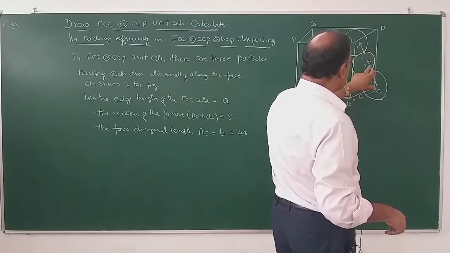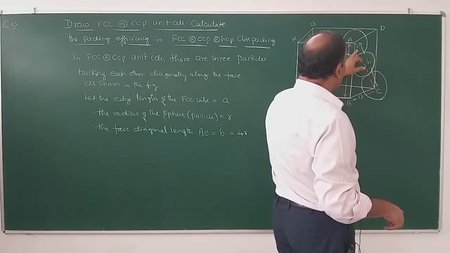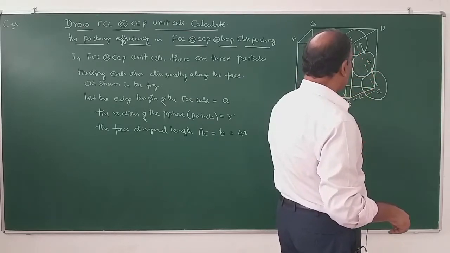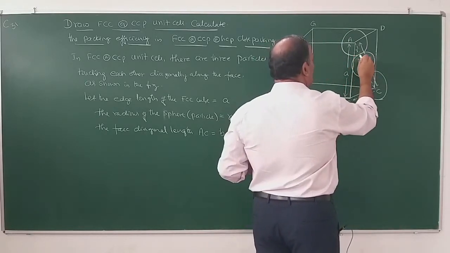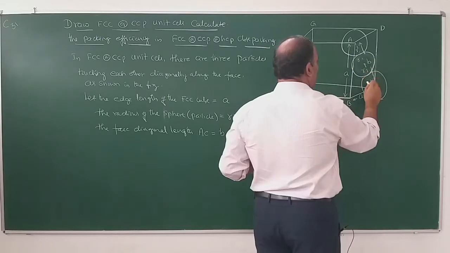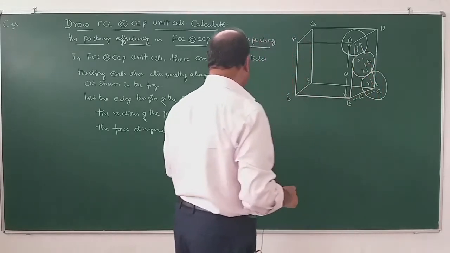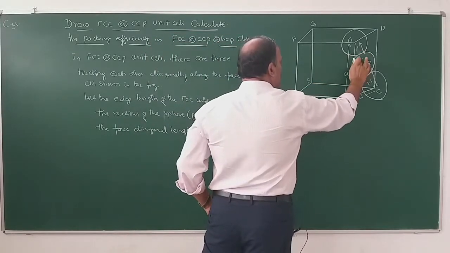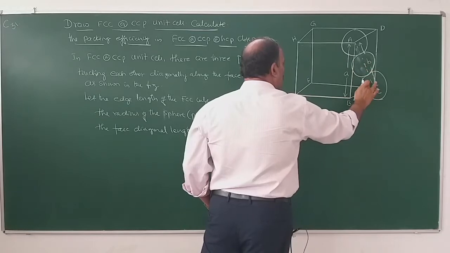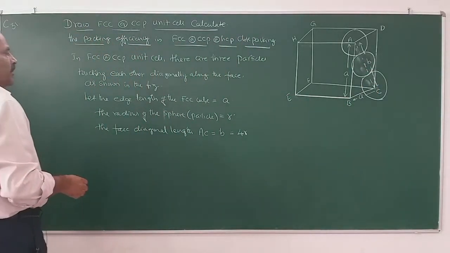So what is the distance b? b is equal to 4 times the radius of the particle. So this is 1r, this is 1r, this is another r, and this one is another r. So how many r's are there? There are 4r. The distance b is equal to 4r, where r is the radius of the particle.